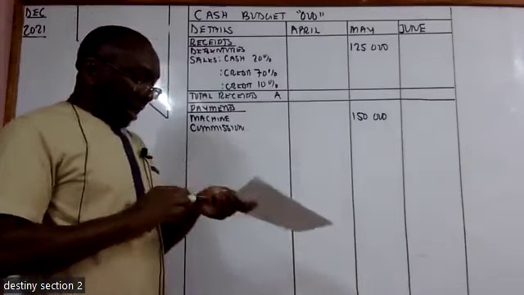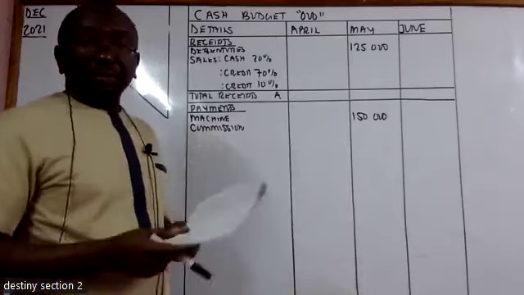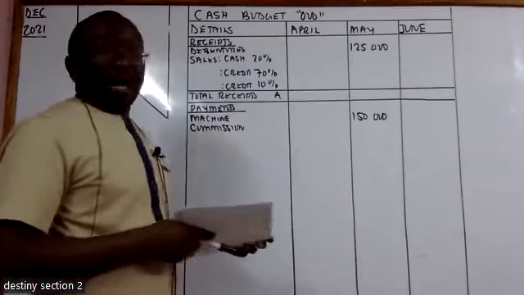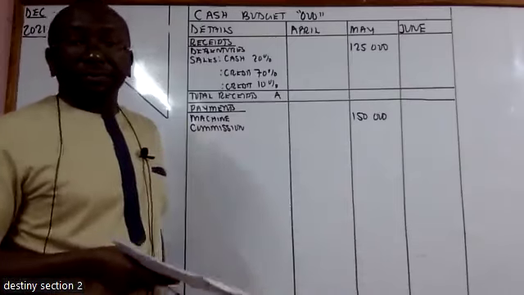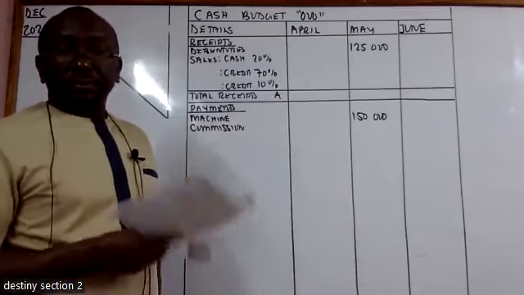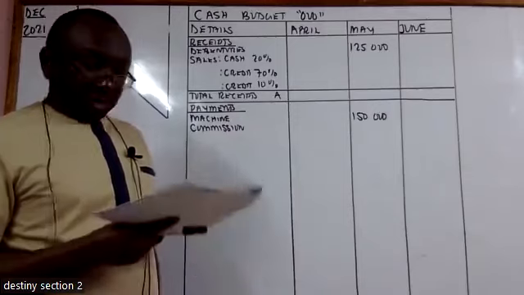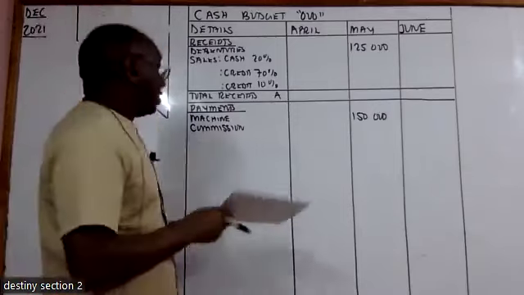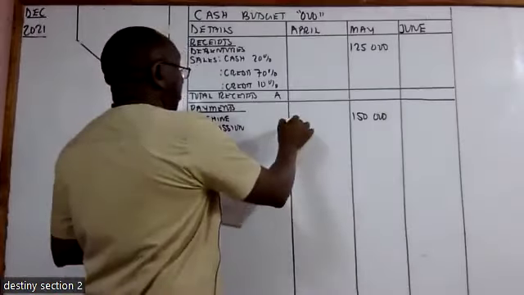You can see March we sold 440,000. So tell me, 3% of 440,000. That is 13,200. Let's put it here.